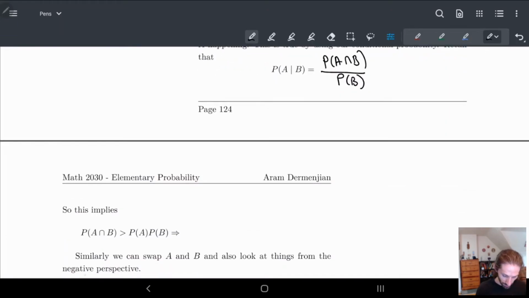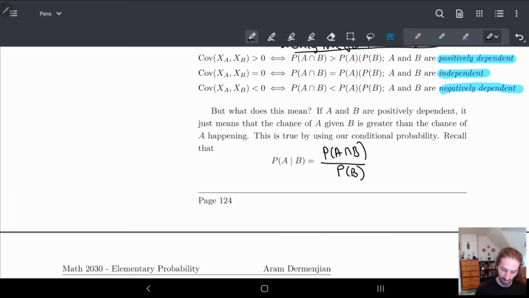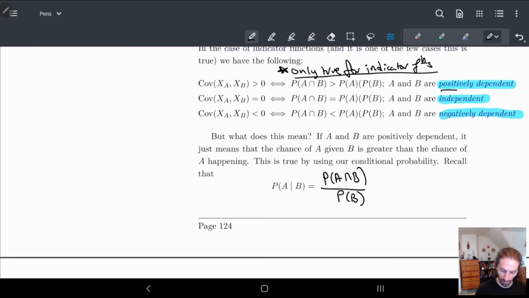And so if P of A and B is greater than P of A times P of B, I can just divide by P of B, and on the left-hand side I'm left with P of A given B is greater than P of A. And this is why we're saying they're positively dependent.